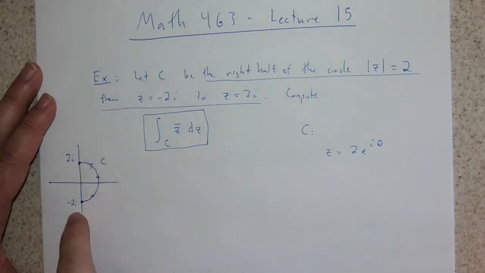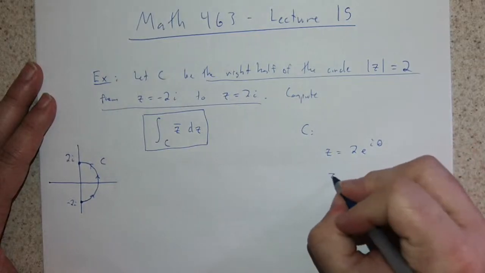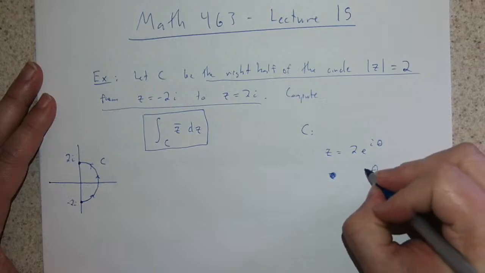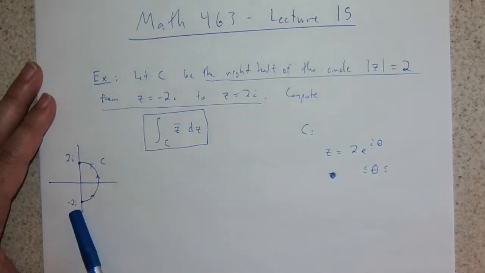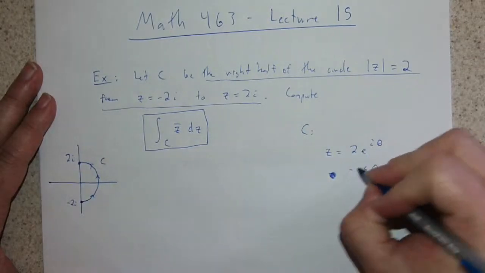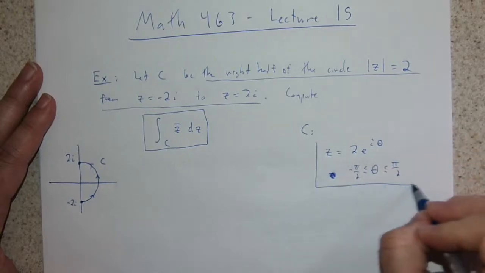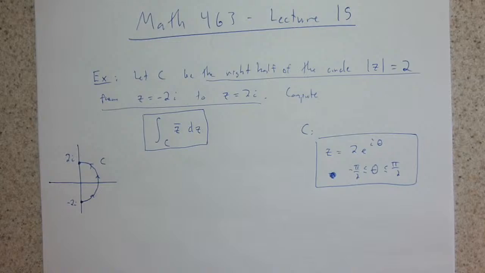The easiest way to describe this is that theta takes on values between minus pi over 2 and pi over 2. So there is my description of my curve in terms of a single real parameter, theta. I'm not having to use t here, I can just use theta. There's nothing wrong with this representation of my contour C.